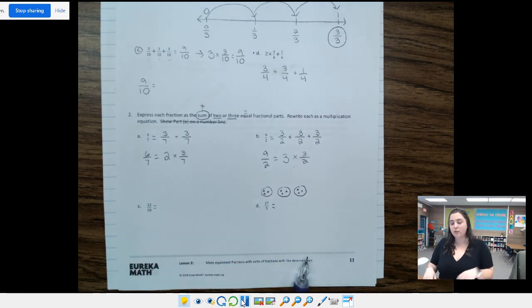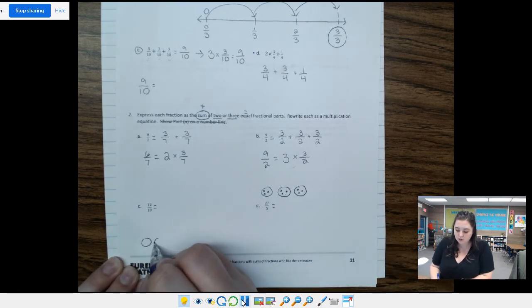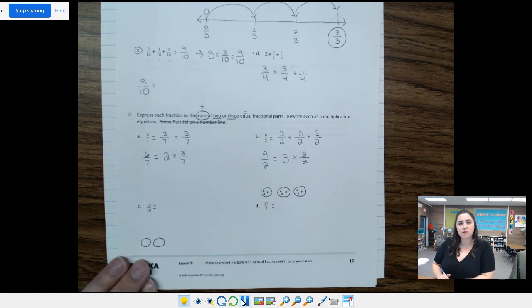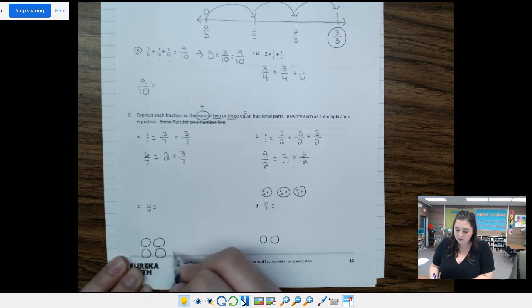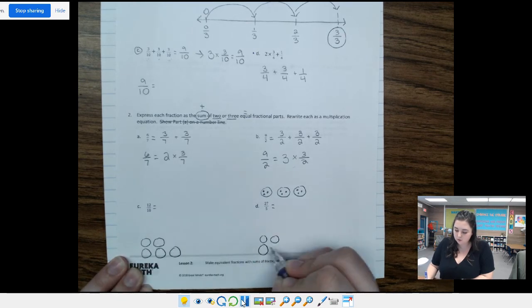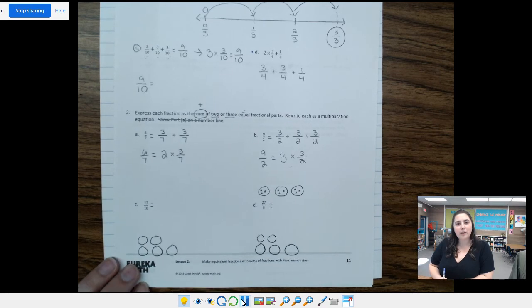Or could you break it into 3 equal groups? If you need to, try drawing out. If you're not sure, first try 2 equal groups. And if that doesn't work, try 3 equal groups. So you put 12 dots or 27 dots, breaking it into the 3. Okay, pause the video, and then when you're ready to check, come on back.